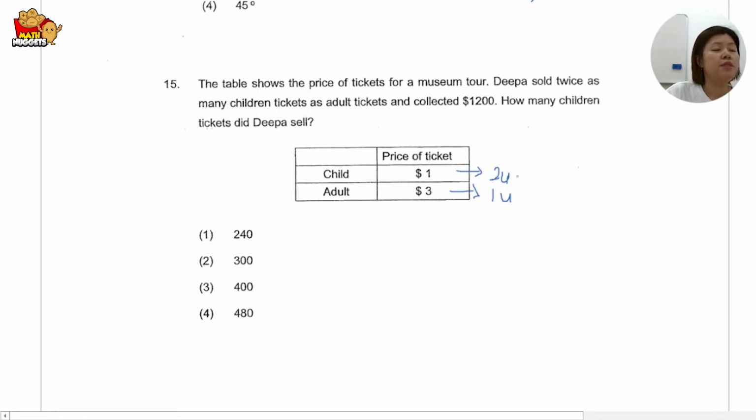So for my child I can take 2 units times $1 is equal to $2 per unit, and my adult is $3 for 1 unit of the ticket.